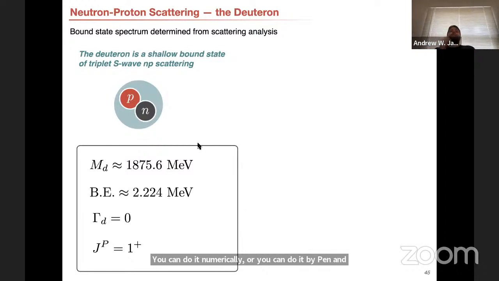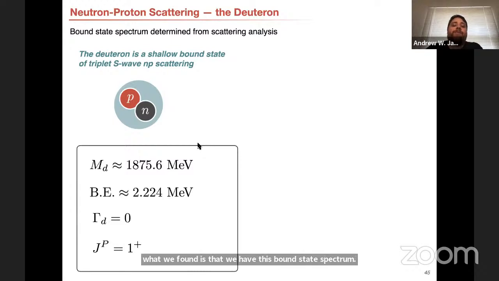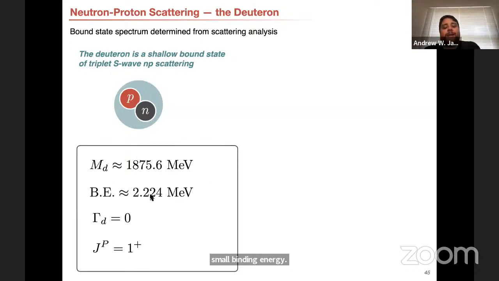So what we have found is this bound state spectrum from the neutron-proton system. We've determined that we have a deuteron, which is a shallow bound state of the triplet S-wave neutron-proton scattering. I say shallow because it has a very small binding energy, and here I'm showing the best available. It has a small binding energy, and we know it has infinite lifetime.